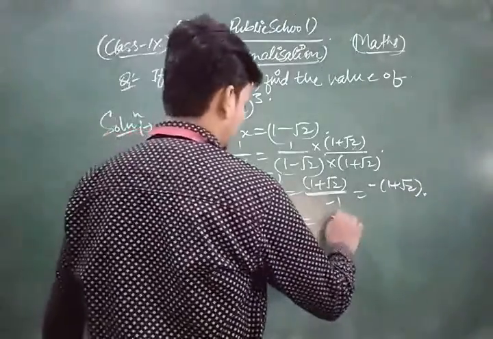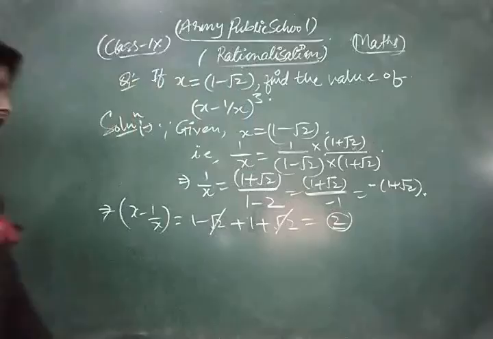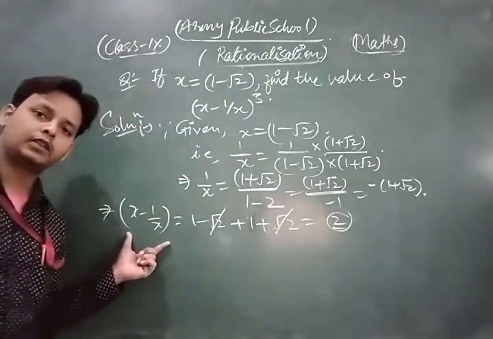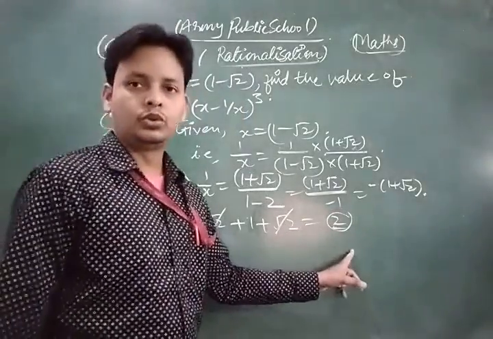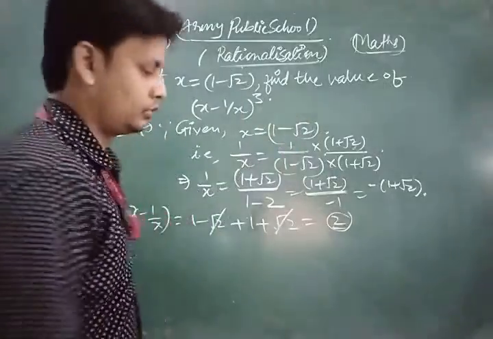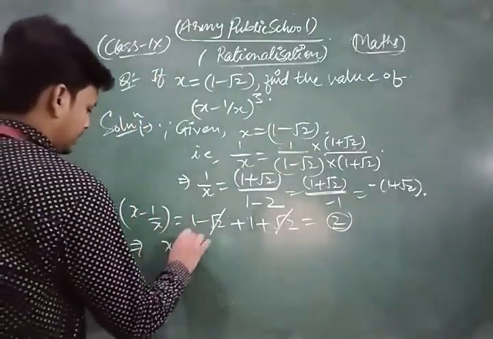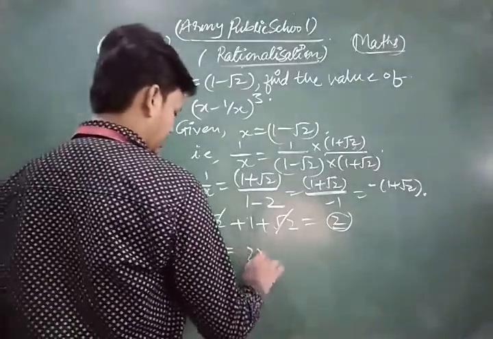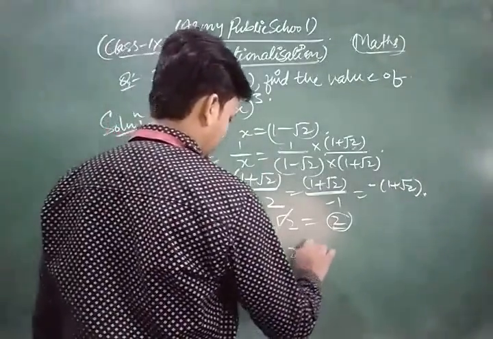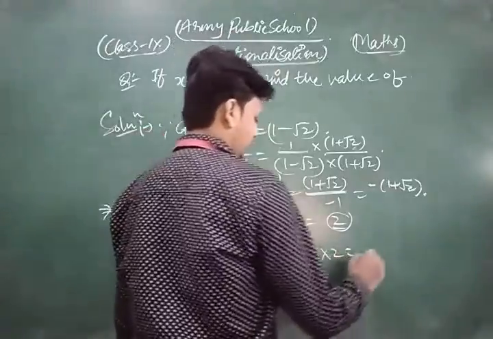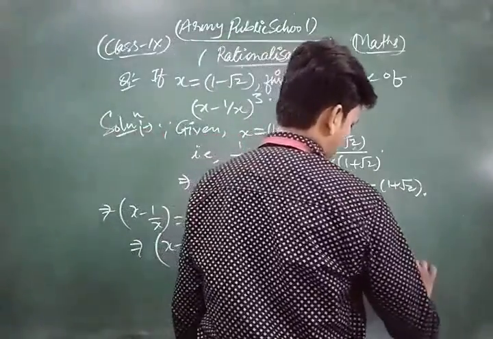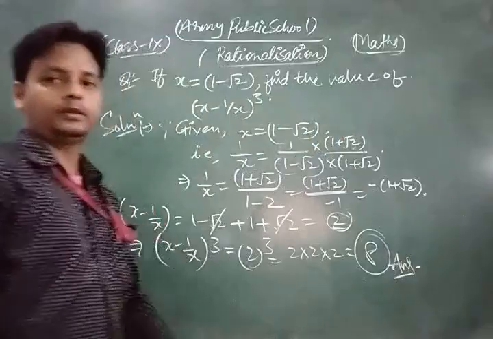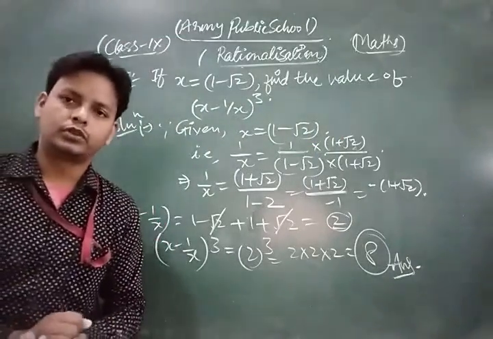So the value of x minus 1 upon x is 2. Now we find its cube. So (x minus 1 upon x) whole cube is equal to 2 cube, means 2 into 2 into 2, this is 8. This is the required solution of the given question.